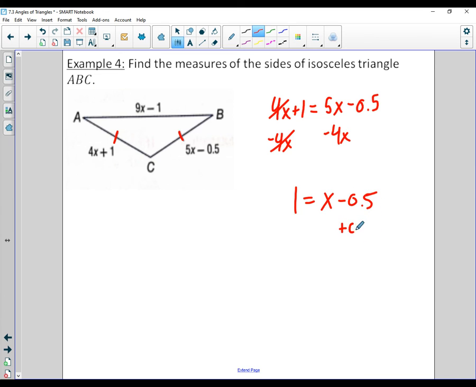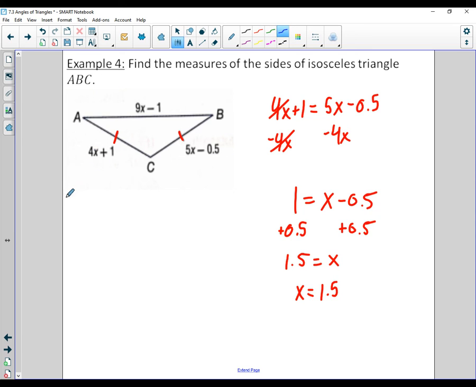Then I get rid of the 0.5 by adding it over, and I'm left with 1.5 equals x. And if I wanted to write it the other way, just so it looks nicer, x equals 1.5. And that's all we need to find all of these sides, right?